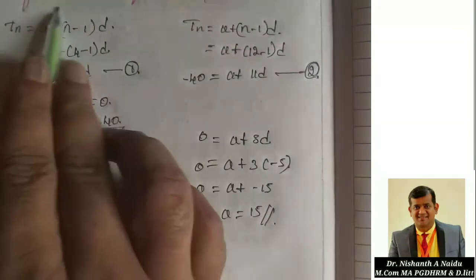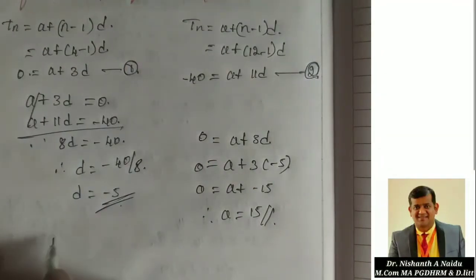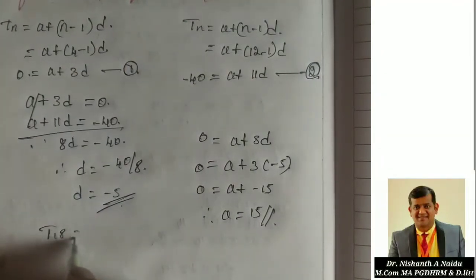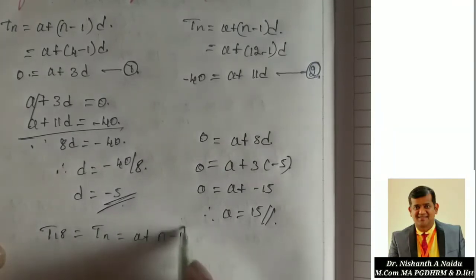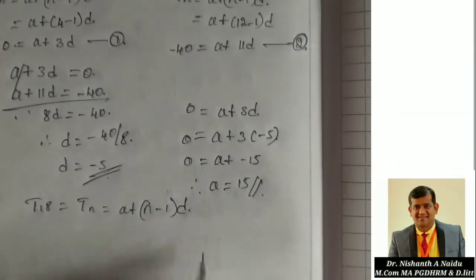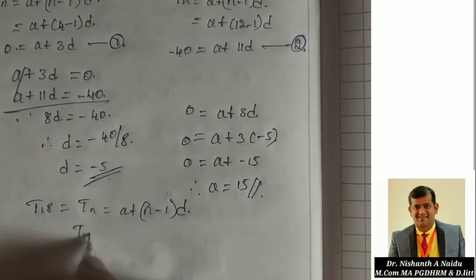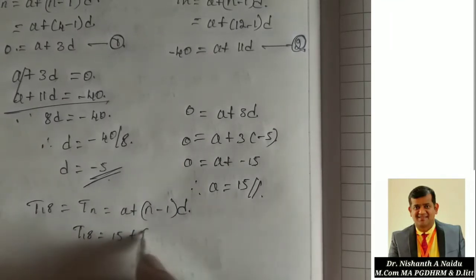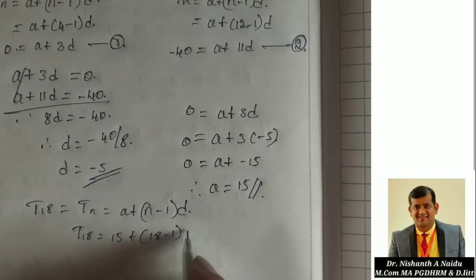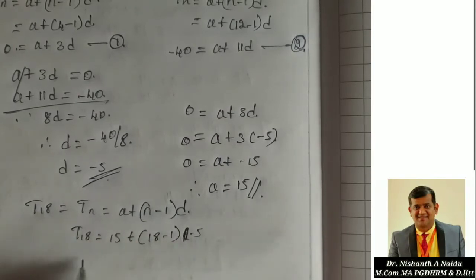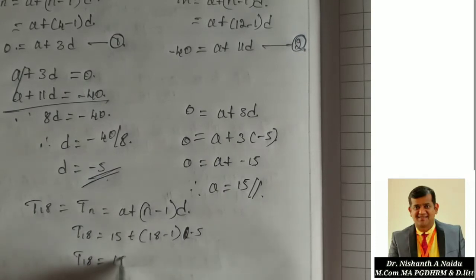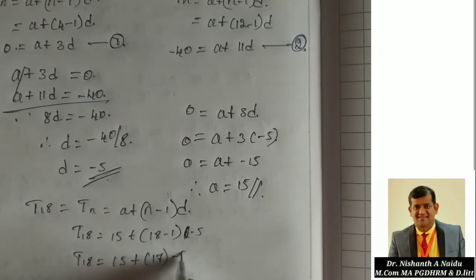So now we have to find the 18th term. T18, where Tn equals A plus n minus 1 into D. So T18 equals 15 plus 18 minus 1 into D. D is minus 5. So T18 equals 15 plus 17 into minus 5.